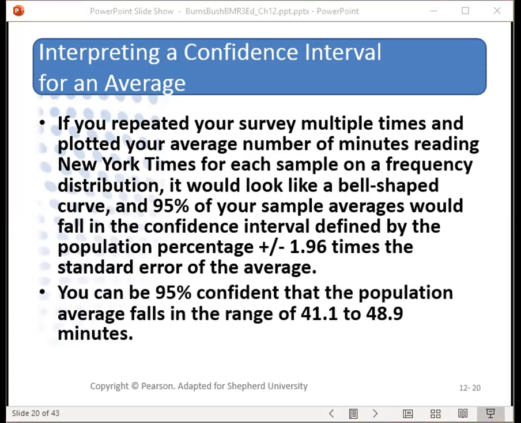And again, this is just based on the mathematics of the normal curve, because the sampling distribution becomes a normal curve.